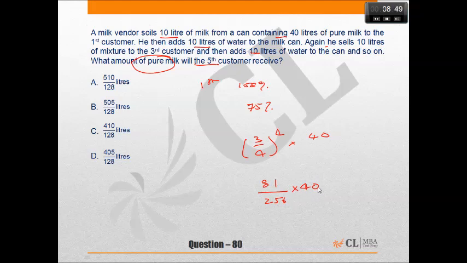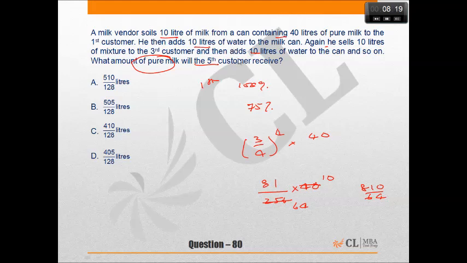So what does it become? 3 into 3, but none of the numbers seem to be interesting as such. Okay, so let me look at it this way. 4 tens of 40, 256 is 64, so 810 by 64, what have I done? Milk vendor sold from a can of 40 liters, out of every 10 liters.